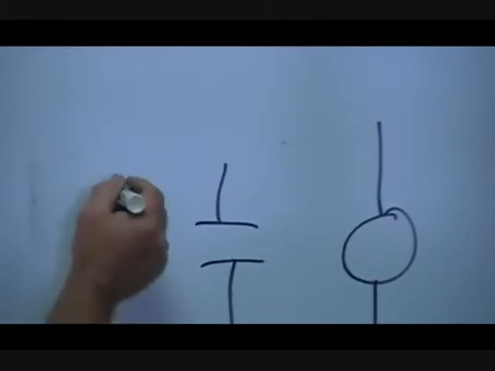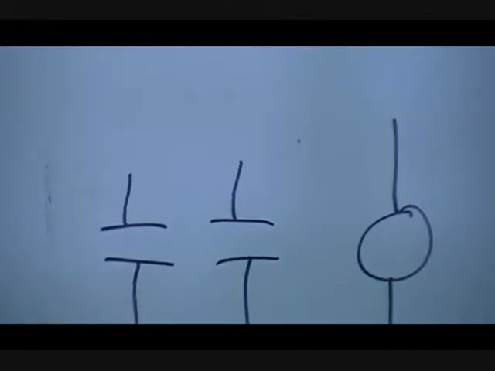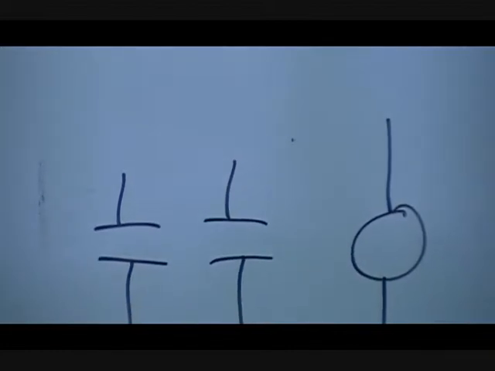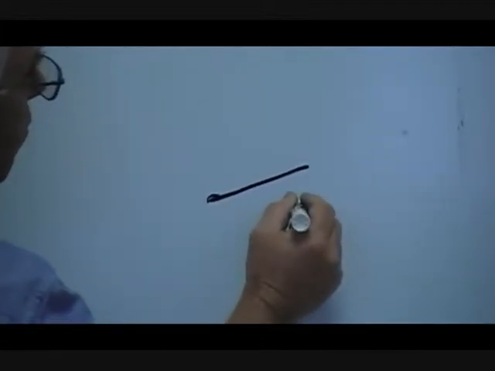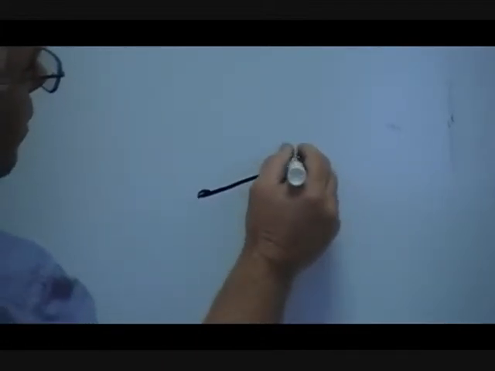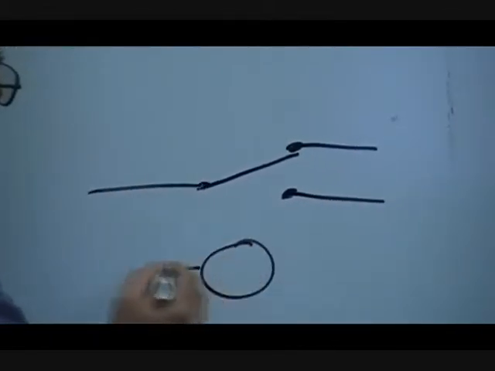If it were a two-pole contactor, there we go. What if I had a relay that was both normally closed and normally open? We could actually draw it like so, with the coil there.